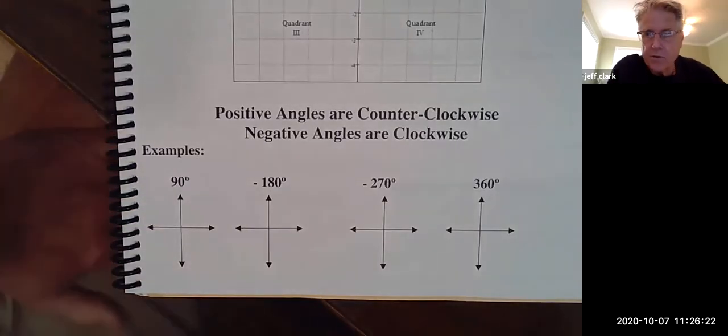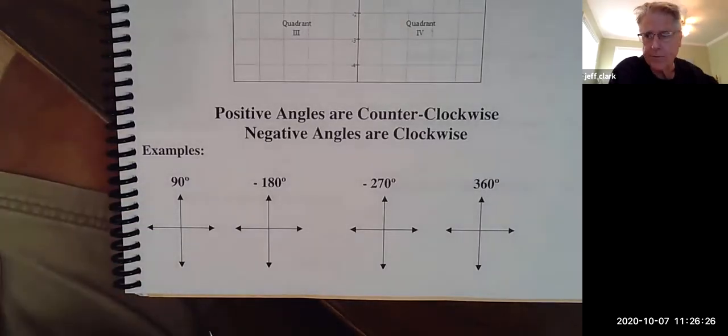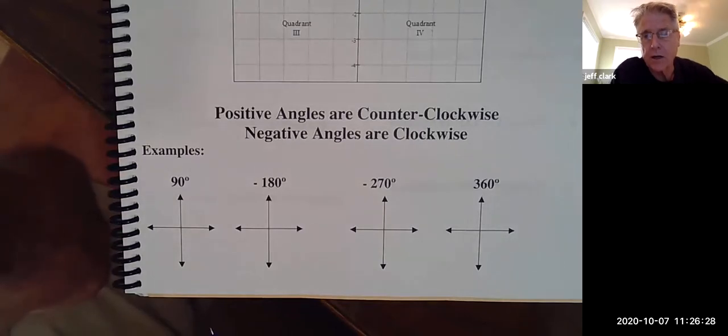When you look at rotations, we've got two different directions you can go, either clockwise or counterclockwise. In measuring angles, to measure them positive, you go counterclockwise, and to measure them as a negative angle, you go clockwise.